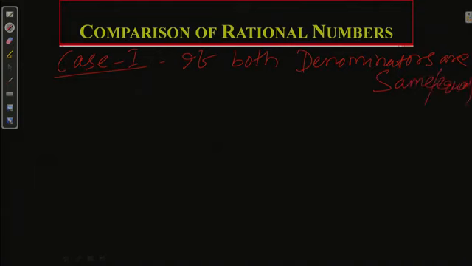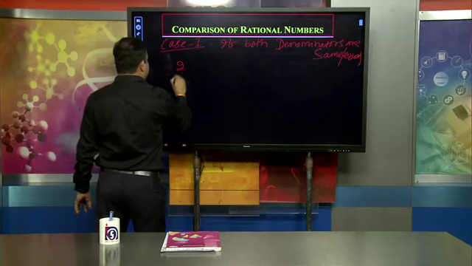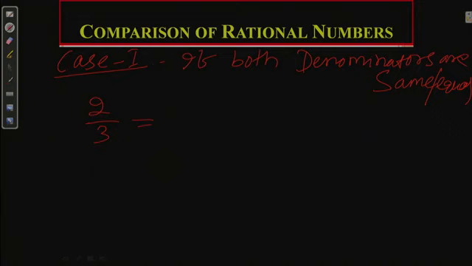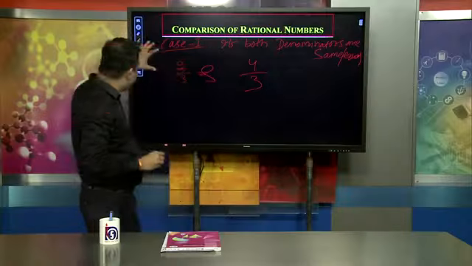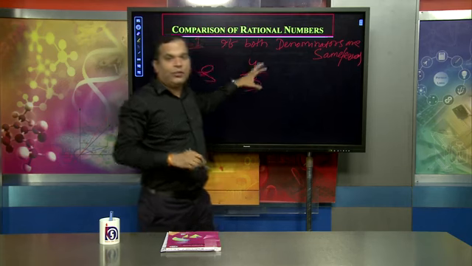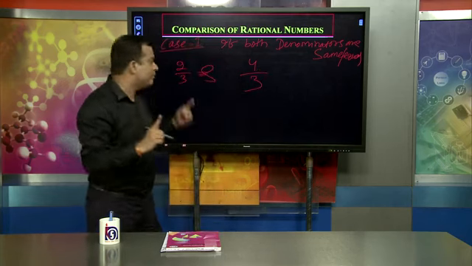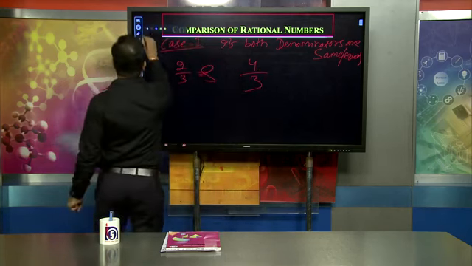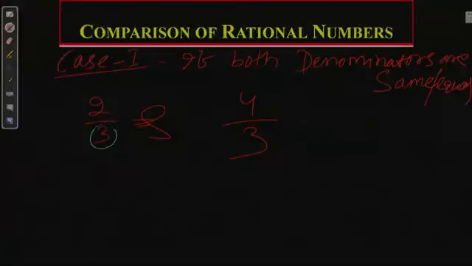For example, suppose 2 by 3 is one of the rational numbers, and we are comparing 2 by 3 and 4 by 3, which is greater? Here what you observe, very important thing, 3 is the denominator in both, both are equal.